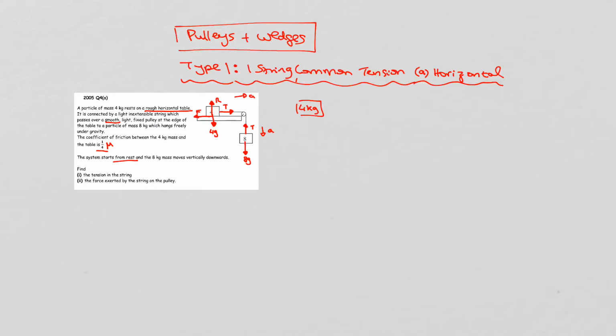Okay, so if we look at the 4 kg first of all, what we have is the 4 kg on the table, and we saw that we have normal reaction, and we have the weight, and we have tension, and then we have friction.